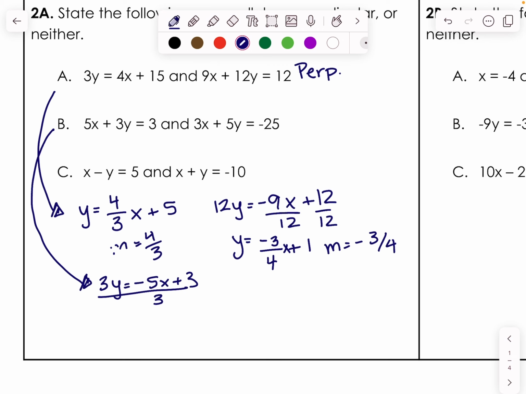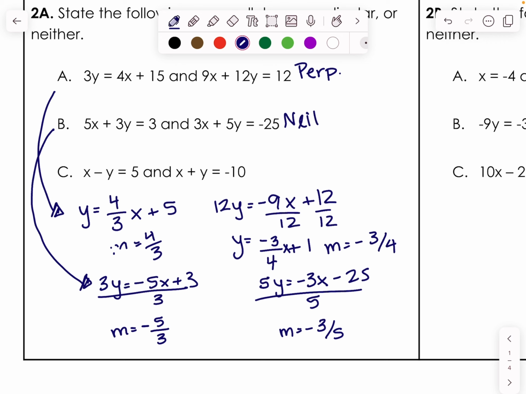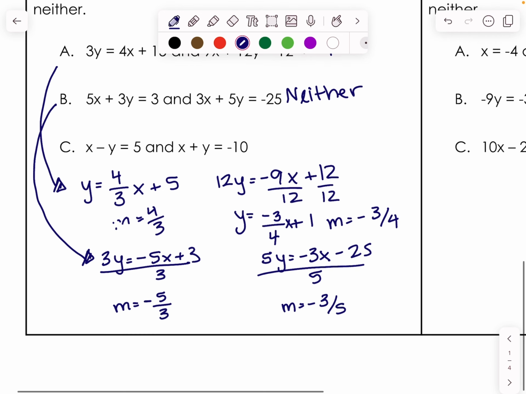Divide by 3, so my slope over here is going to be negative 5/3. Then I'm going to do the same thing on the other side by subtracting the x's, so I have negative 3x minus 25, divide by 5, so my slope over here is negative 3/5. Okay, so they're both negatives, and they're not the same, so it's going to be neither. So yes, they are reciprocals, but they're not opposite reciprocals.